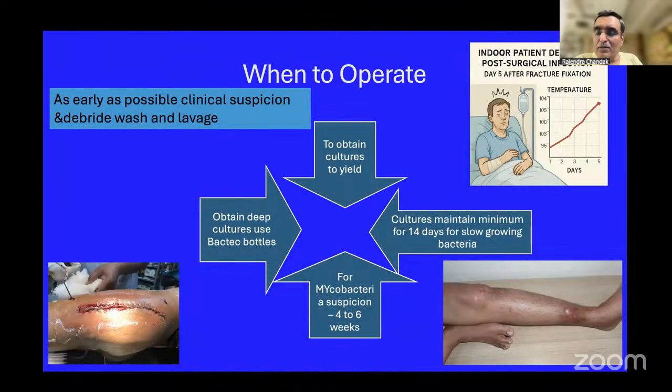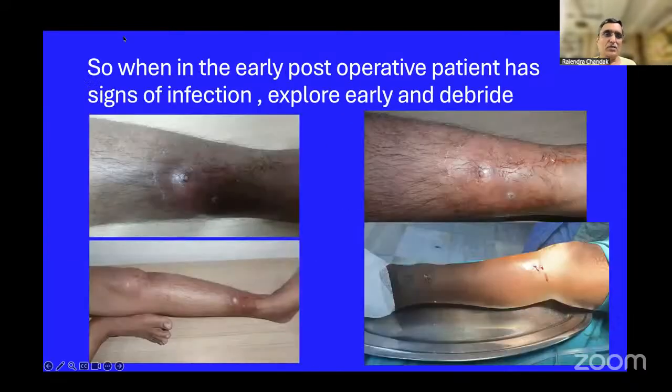When to operate? Whenever there is an acute infection after nailing, as early as possible, on clinical suspicion. Of course, pay attention to obtaining deep cultures, and also get them cultured into Bactec bottles so that we get a good antibiotic isolation. So these were the cases when they come acutely with infection. They may throw a sinus or they may show an abscess.